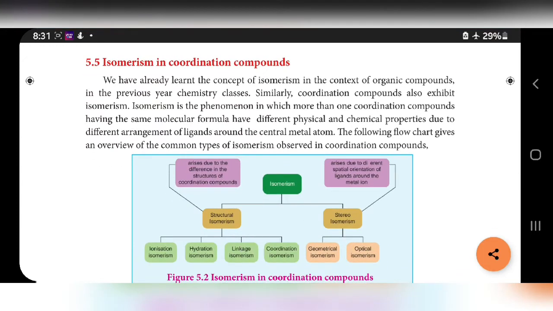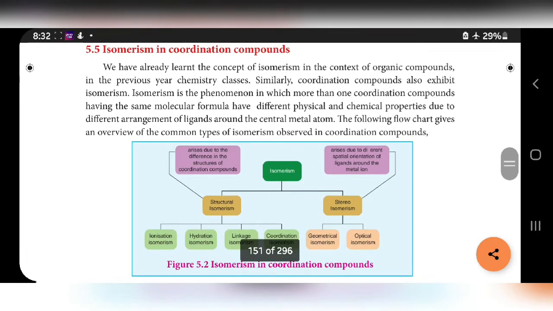Next one, isomerism in coordination compounds. Already you know isomerism means same molecular formula but different structural formula. Here also, two coordination compounds have the same molecular formula but different properties. We have already learned the concept of isomerism in the context of organic compounds in the previous year chemistry class.